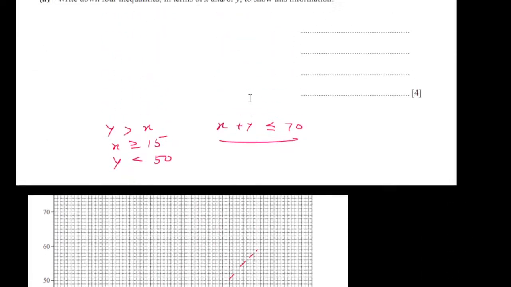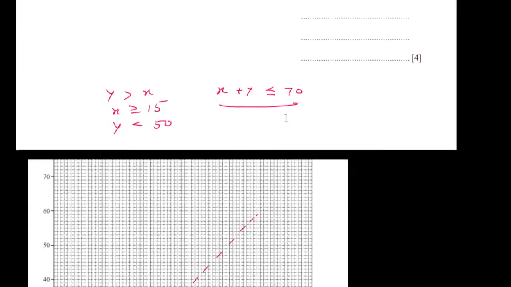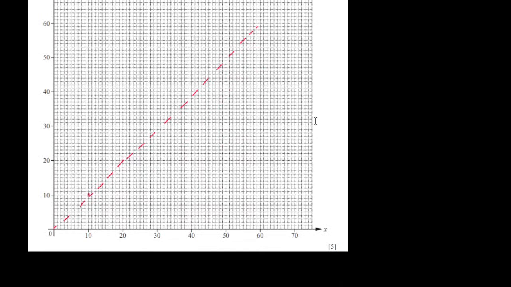So here I am doing a rough sketch of that. So it will be something like this. Okay, whenever it is greater than or less than, you have to draw the dotted line. Okay, now your y is more than x. The inequality is what? y is more than x.